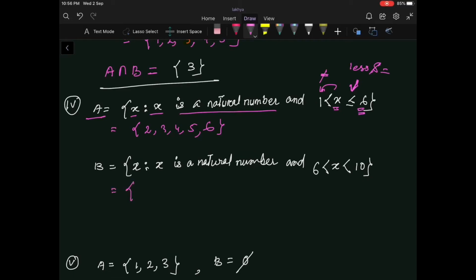Set B is a set of x such that x is a natural number where x is greater than 6 and less than 10. So 6 and 10 are not included, so it starts from 7 to 9.